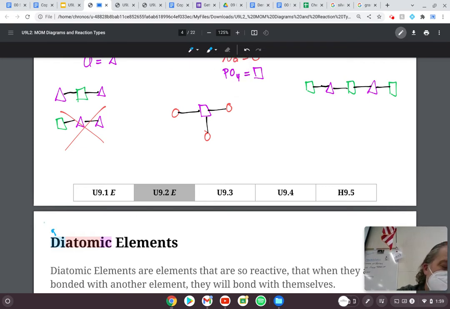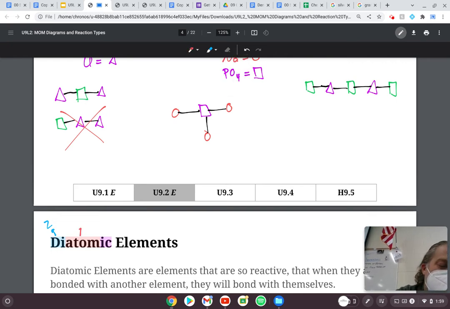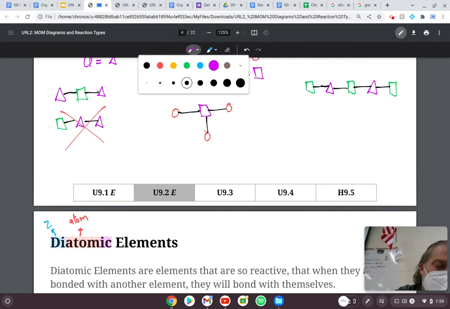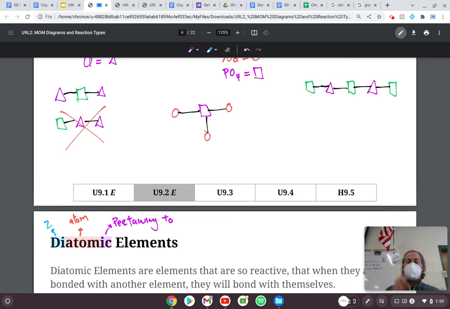Like, we might remember that di means 2, and atom actually refers to atom, right? And IC in this instance really means pertaining to. So the word diatomic translates to pertaining to 2 atoms.